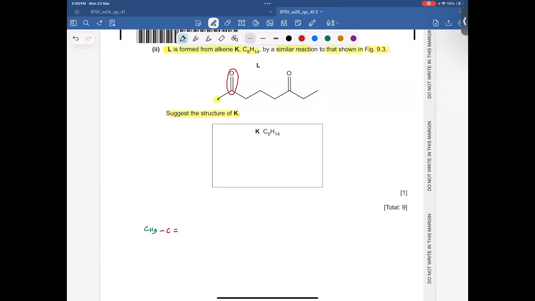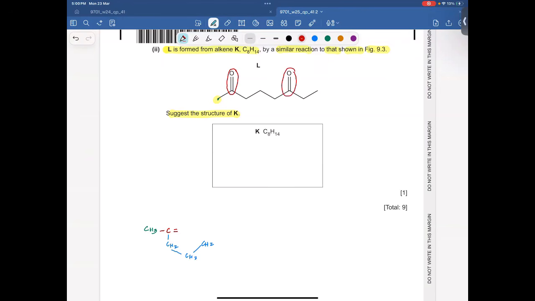Okay. Then this is CH2, CH2, CH2, 3 CH2, CH2, CH2, 3 CH2. This is again carbonyl group.